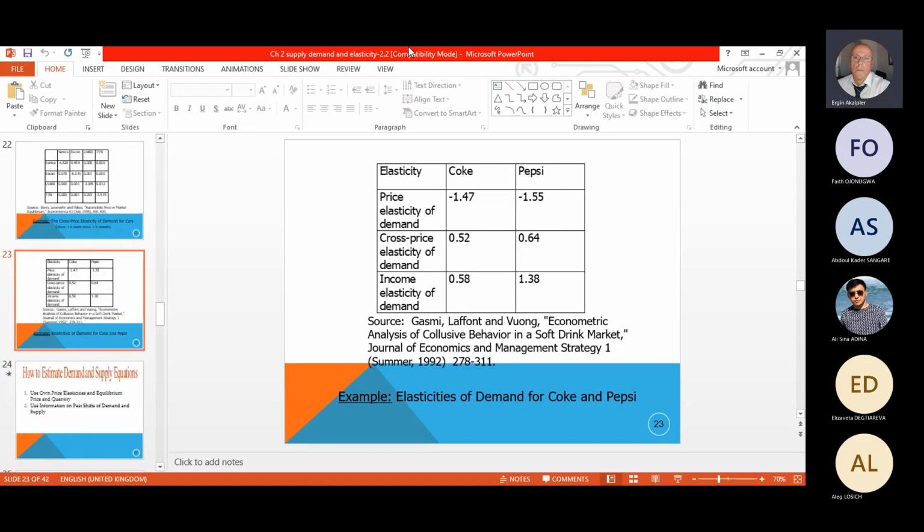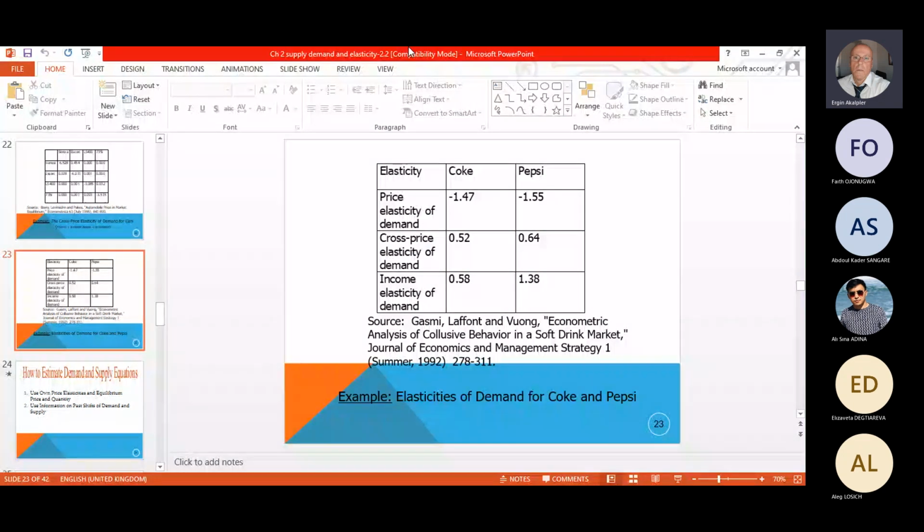And Coke and Pepsi are also given here. If the price elasticity of demand is affected, then there is, of course, elasticity for Coke and Pepsi together, and then the cross price elasticity of demand. If one's price is going down and the other's is increased, and the other ones stay intact, then the elasticity becomes a little bit inelastic.